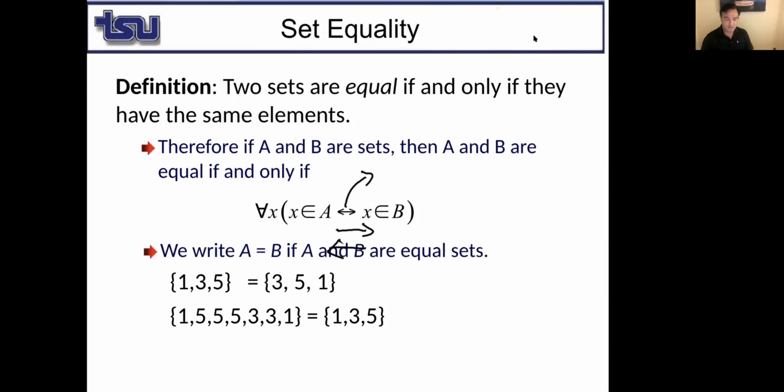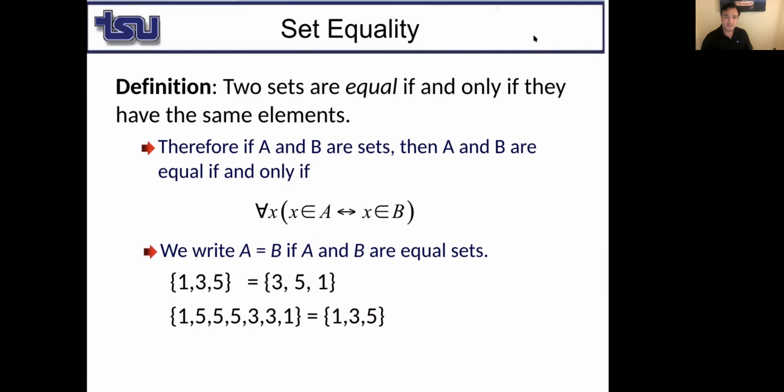Well, for example, here, I told you that the set is a collection of unordered elements. So {1, 3, 5}, {3, 5, 1} are exactly the same. Okay, order is not important. And if you have {1, 5, 5, 5}, it doesn't matter how many times you have an element, it is the same as having it only once.